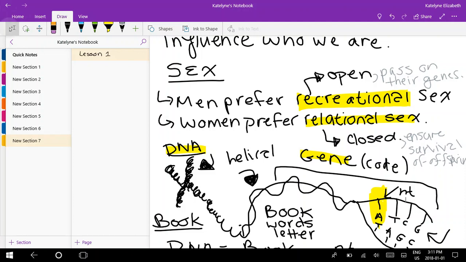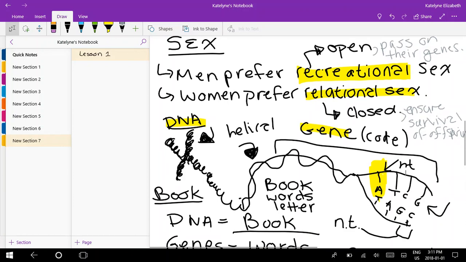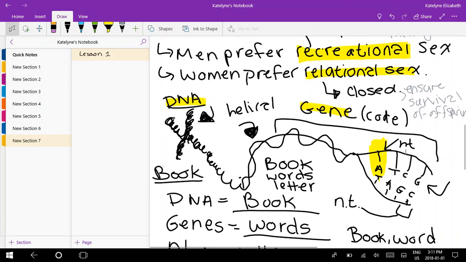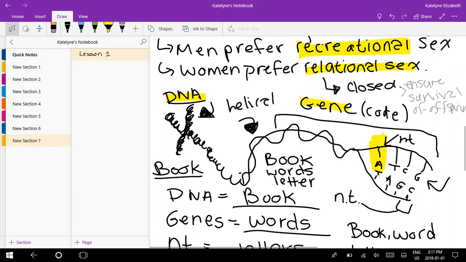Okay, so I hope you worked on it. So let's see the answers. So DNA would be considered the book. It is our genetic information. It has everything that we need in that book. Genes are considered the words. They are the things that dictate, that express certain genes to get certain proteins, okay? So they are the words of the book.